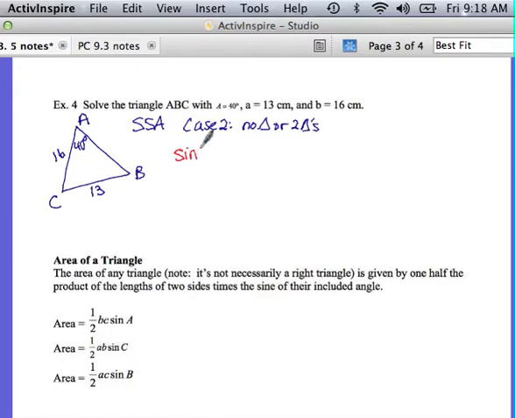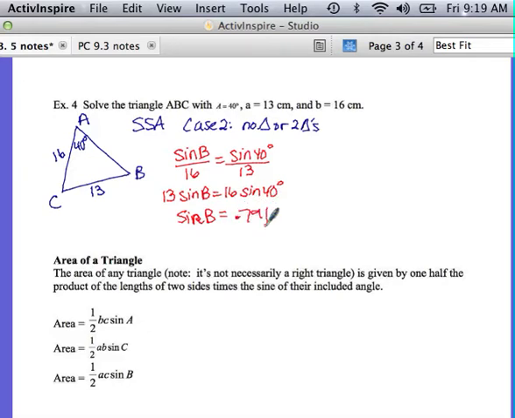So I'm going to get the sine of B over 16 equals the sine of 40 degrees over 13. This is a proportion, so we're going to cross multiply and divide. So I take 16 sine 40. I'm going to go ahead and divide it by 13. So I have the sine of B is 0.791.